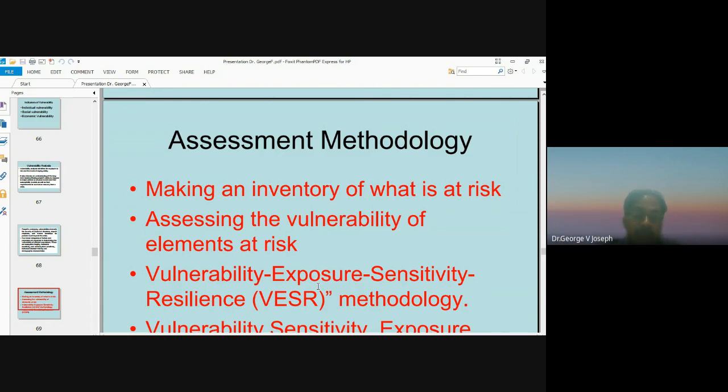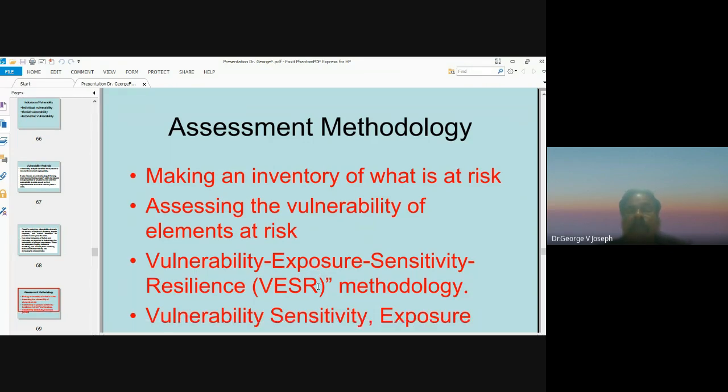Maybe it is hospitals, schools, houses, crops, or infrastructure like roads. In some places we have seen during a disaster that even the airports are affected, because they are not properly planned while building this critical infrastructure. As such, when airports are required, they are not available. So we need to make an inventory and assess the vulnerability of elements.